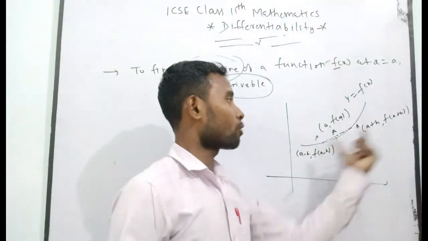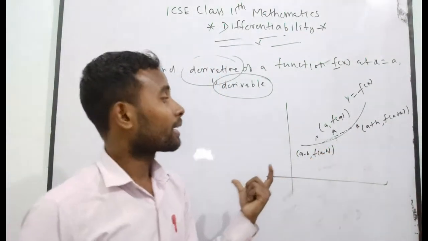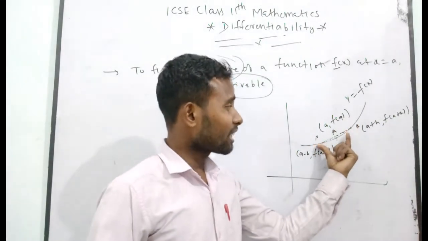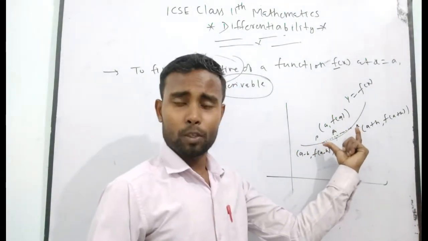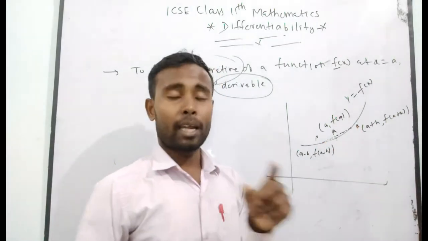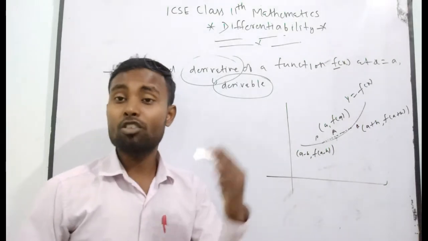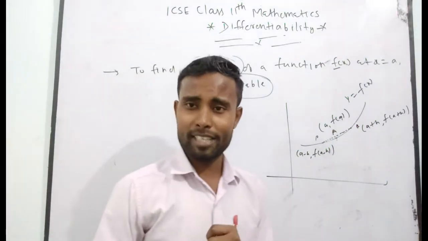Because P and Q are two different points, if you want to find the slope of the line segment PQ, you find the slope of PQ. I have already told you, if a line AB passes through (x1, y1) and (x2, y2), then its slope will be (y2 minus y1) divided by (x2 minus x1).